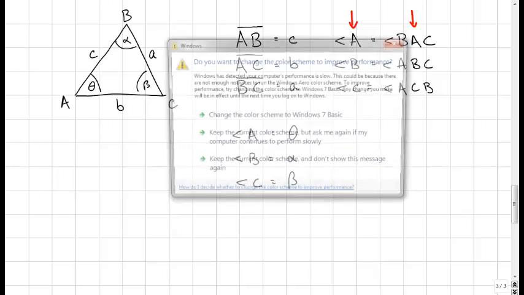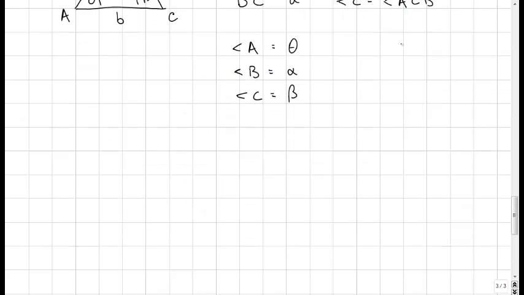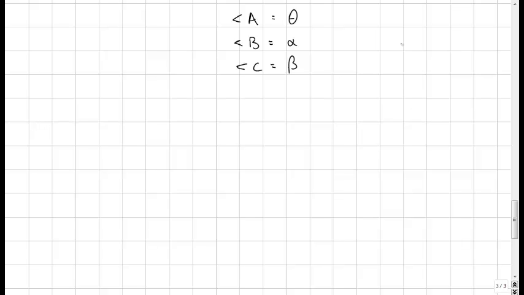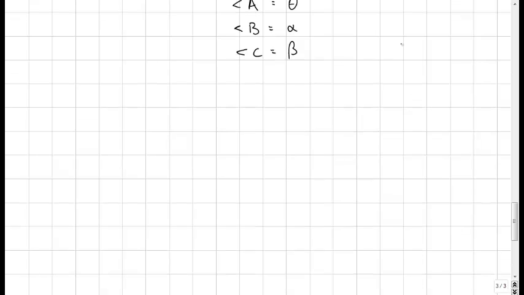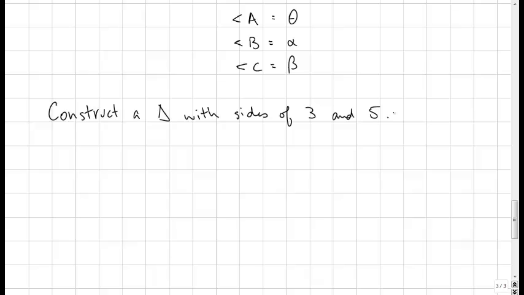So if you're given two sides of a triangle and you're asked about the third side of the triangle, you've got to think about this a little bit carefully. So let's say you were asked to construct a triangle with sides of 3 and 5. How long is the third side?